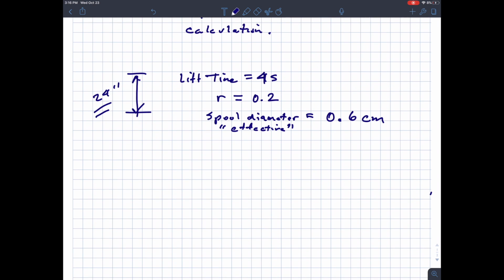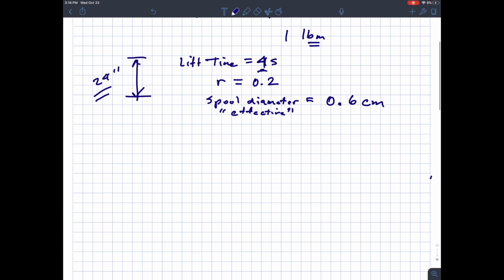And then let's say we lifted the 1 pound mass in 4 seconds. All right, so a distance, the 24 inches in 4 seconds, that's a speed, distance per time.